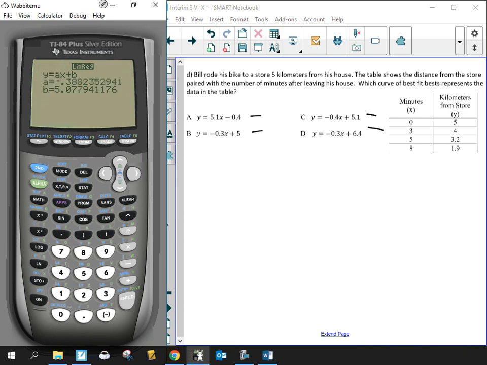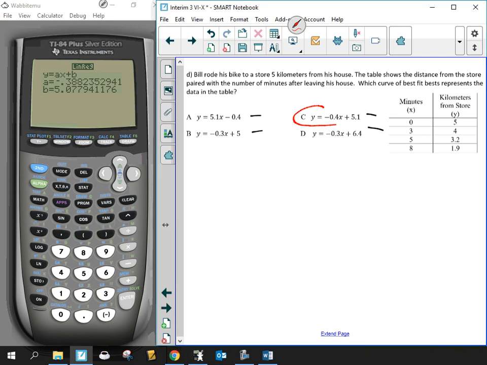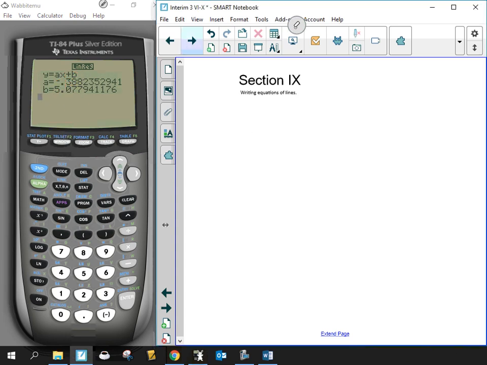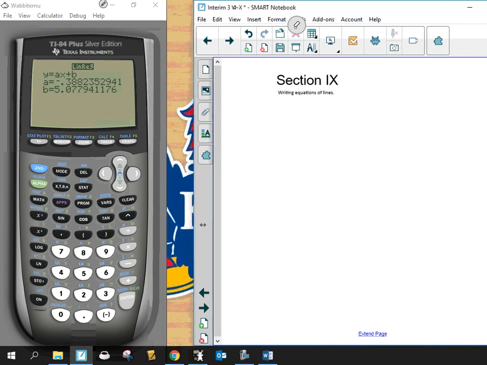Calculate. And so our equation is, so which one of these is closest to what's in the calculator? And if you look at it, the answer is C. Because if they're going to go to one decimal place, we need to round. So if you look over here, this would round to negative 0.4, and this would round to 5.1. All right, so we can close out the calculator now.